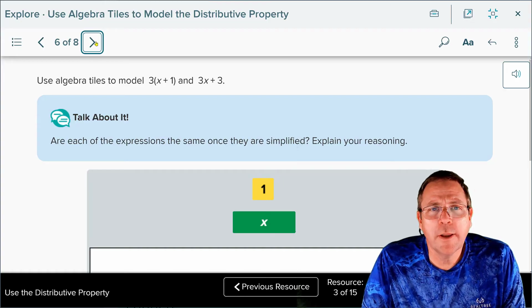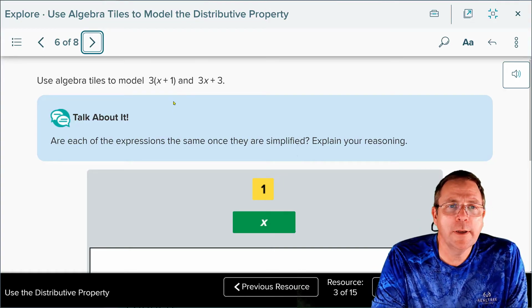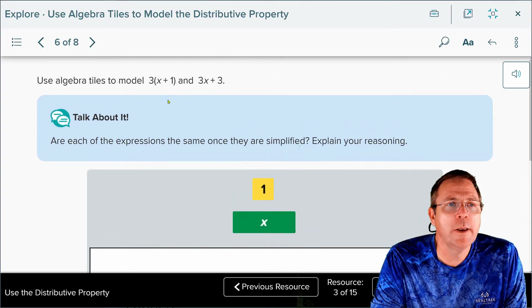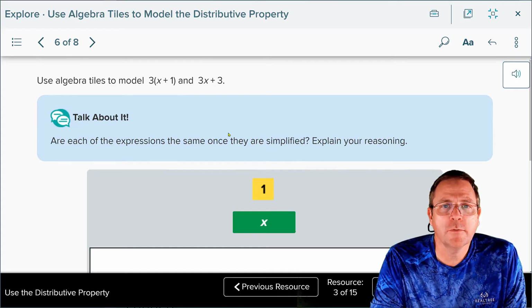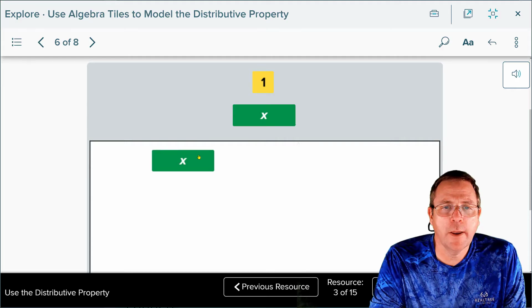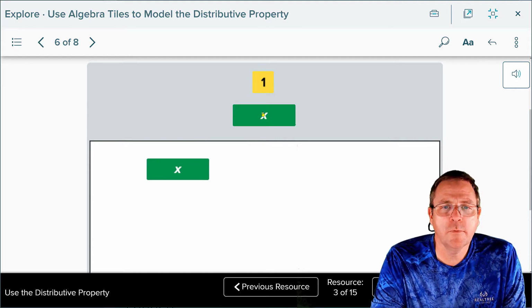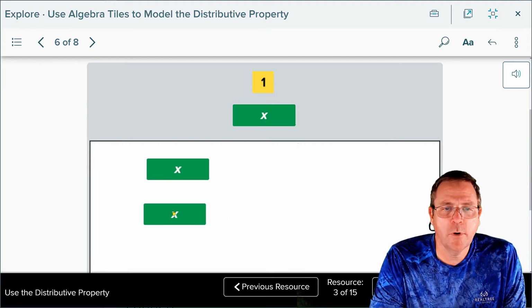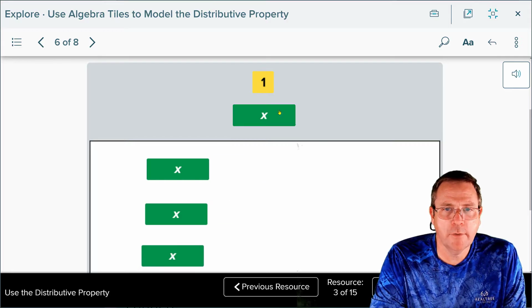Here they've given us another problem where they have 3 times the sum of x and 1, and they also want us to represent it as 3 times x plus 3. So first off, I have 3 times the sum of x plus 1, so I've got 3 groups of x and 3 1s.